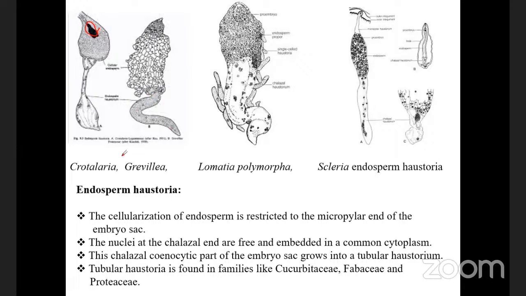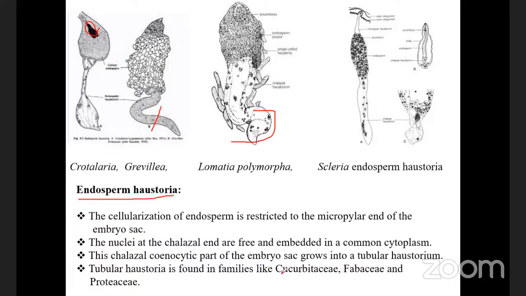Those are haustoria. You see in Crotalaria, Grevillea, and Lomatia, haustoria are forming by the endospermic cells. That's why endosperm haustoria are for supplying the nutrition to the developing or growing embryo. They may be tubular haustoria or finger-like projection haustoria, various types which are there.